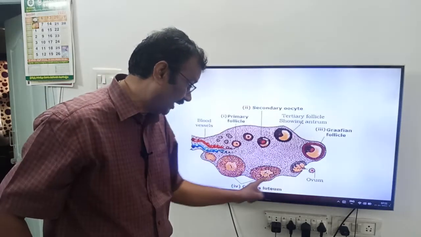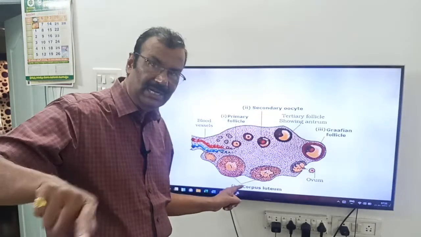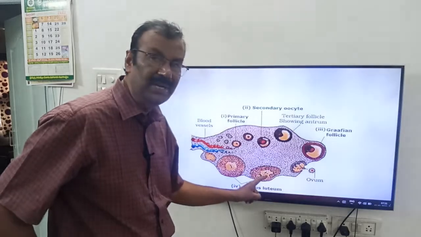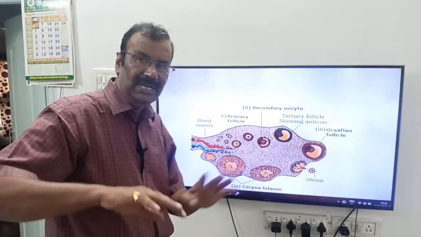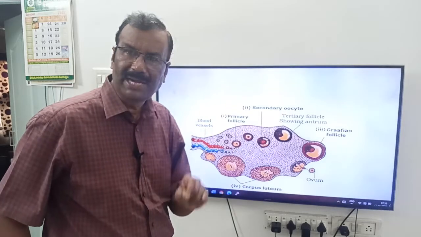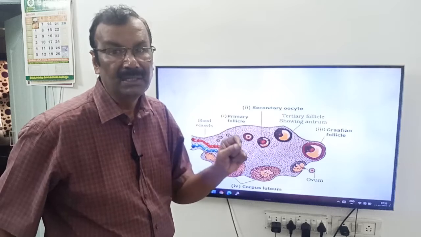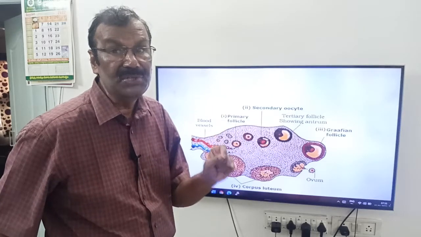After ovulation we have an empty follicle. If fertilization takes place, these empty follicles are modified into corpus luteum. If fertilization does not take place, they disintegrate. The corpus luteum acts as an endocrine part. It secretes what, friends? Hormones, particularly progesterone.